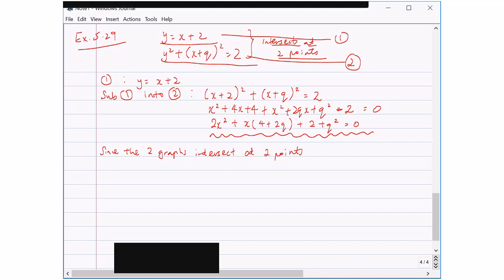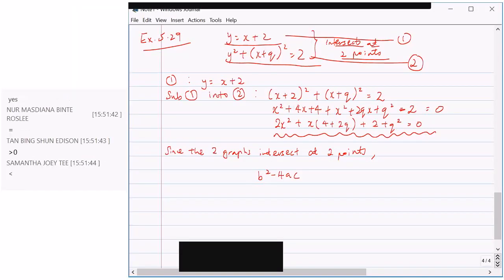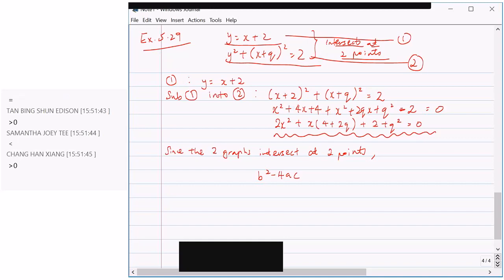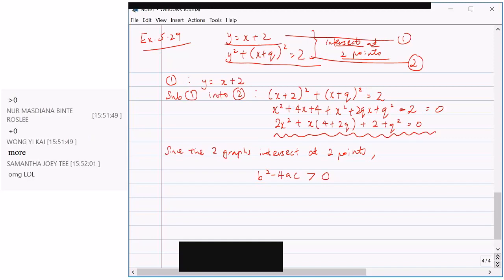Since the two graphs intersect at 2 points, the discriminant b squared minus 4ac should be bigger than 0. Hanxiang is right, Edison is right. Remember, if the two graphs intersect at 2 points, discriminant must be bigger than 0: two real and distinct roots. Less than 0 means do not intersect. Equal 0 means intersect once. Must remember these three, okay?